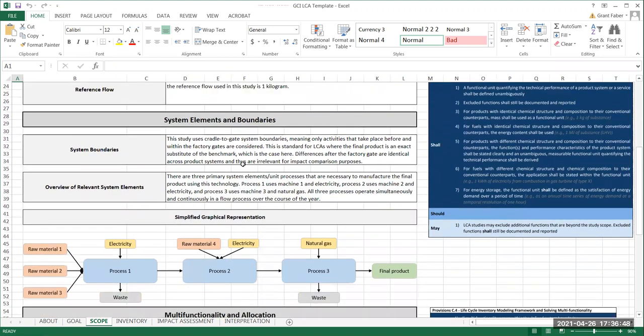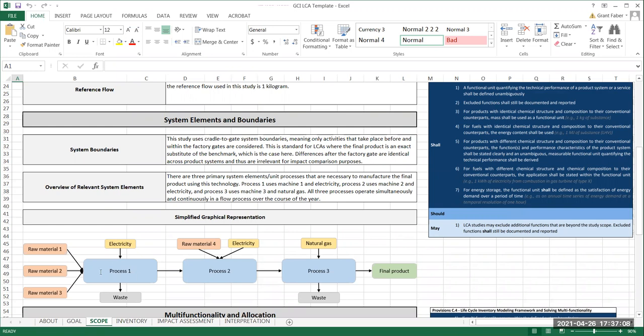So in the scope, we have things related to the product overall and the functional unit. Moving on, we have a small section focused on system elements, also called unit processes, which are essentially, again, what's being included and what's being excluded from the system, represented in a graphical format as well here.